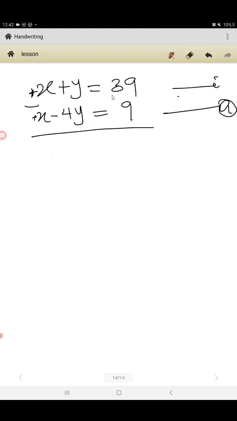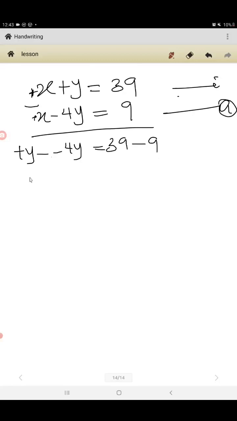You see that x minus x will give you 0. This will be plus y minus, because you put minus here, minus 4y, which is equal to 39 minus 9.